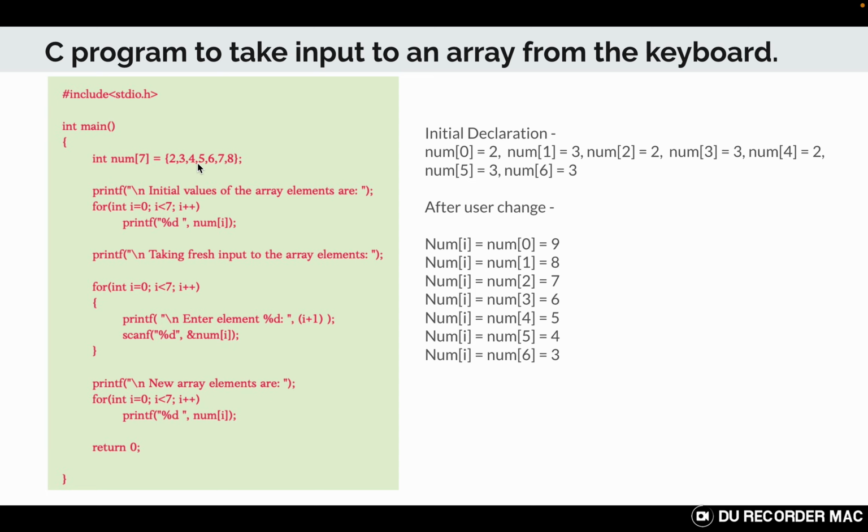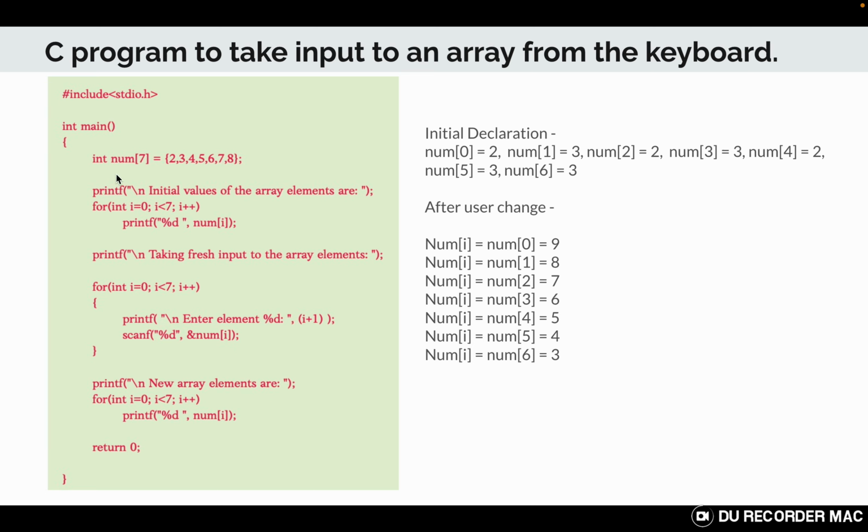Next, the user will come and try to enter a fresh set of values here. Whenever the user enters a fresh set of values, it will override all these values. That is the program that we wanted to write.